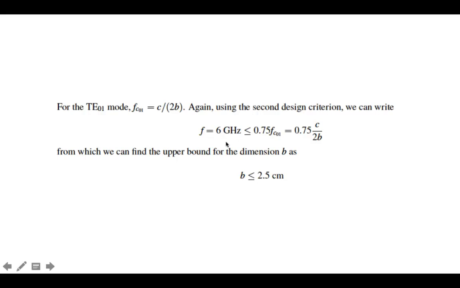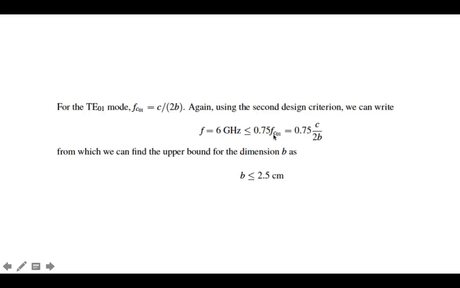So basically, what you want to be sure of is that you don't pass the higher order modes. So we take our 6 gigahertz for the B dimension, and we set that less than or equal to 0.75 times the cutoff of TE01. It's this N that gives you the guideline on what B can be.